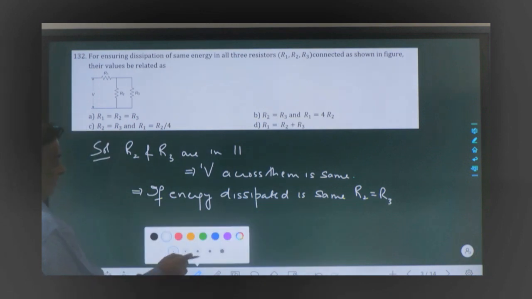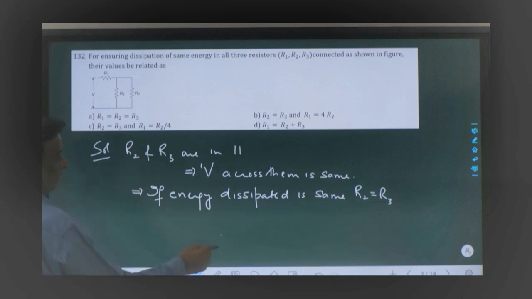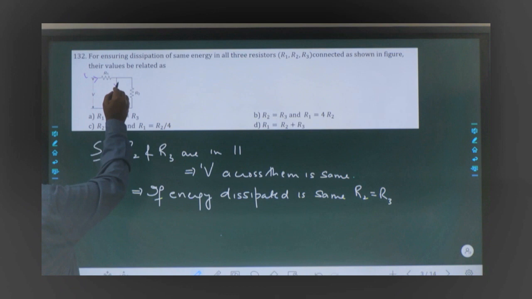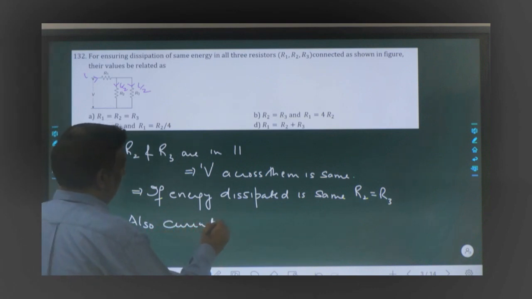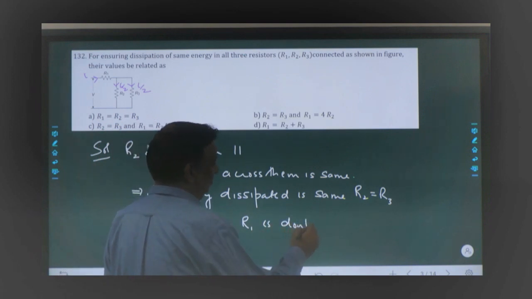If we talk about current, if current I comes in, it divides equally, I by 2, I by 2. So in R1 the current is flowing double, so the resistance should be 1/4. Also, current in R1 is double of R2 and R3.